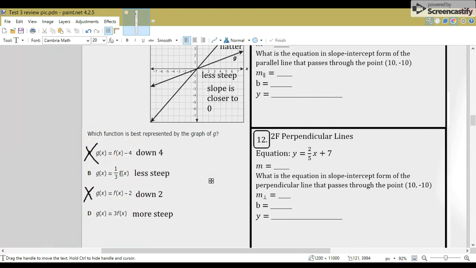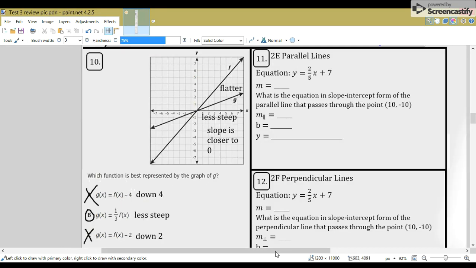Of 3 and 1/3, the one that's closest to 0 is the 1/3. So it wouldn't be D, it would be B, less steep. Let's look at number 11, parallel lines. We have the equation y equals 2/5 x plus 7. Our slope is 2/5.